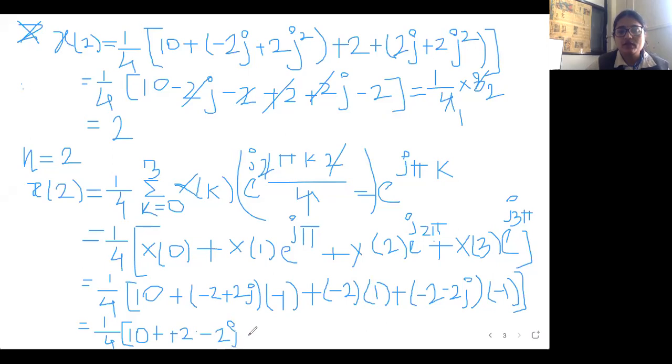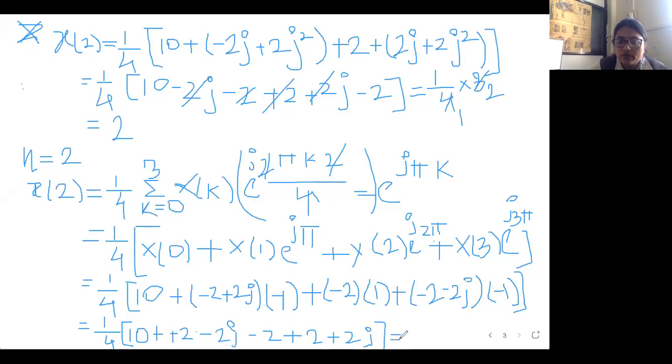Here it is minus 2, this is going to be minus plus, so this is going to be plus 2j plus 2. And this is minus 1 times minus 2j, so it is again plus 2j.